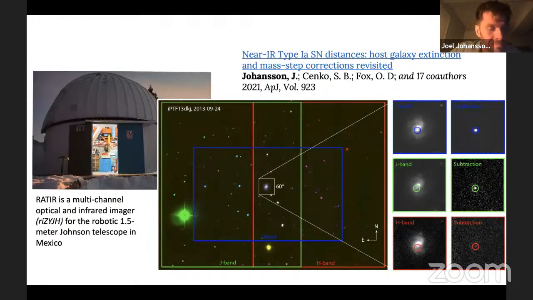We'll talk a bit about a paper that I had out last year where we followed roughly 40 supernova that we discovered with the PTF, and we obtained infrared observations with this rather modest telescope. It's a 1.5 meter telescope in Mexico, but it has this multi-band imager called RATIR, which goes from R band to H band.